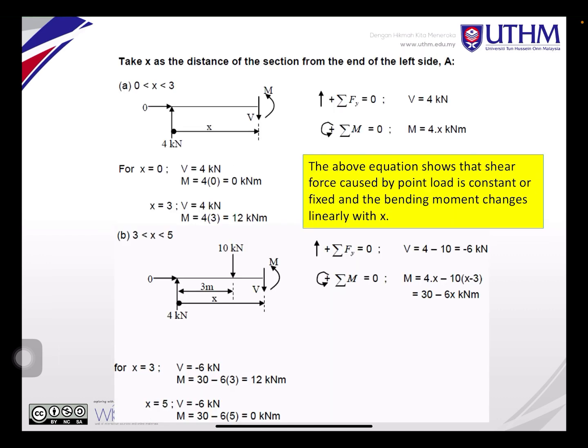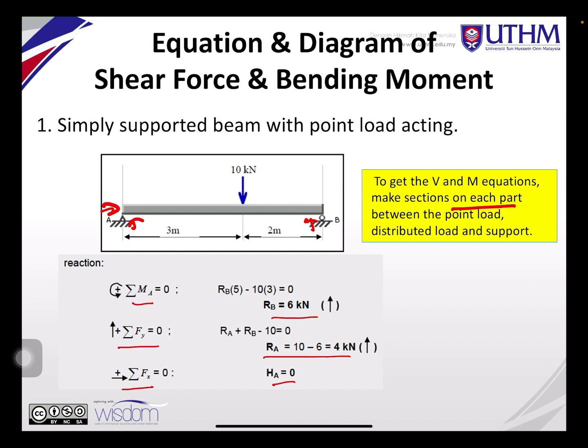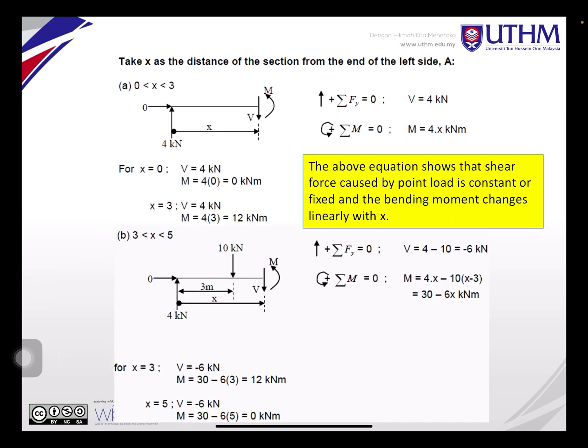Okay, so when you plot this, A, B, 3, 2. So you get A, B, this is 10 kilonewton, 3 meter, 2 meter. So this is 4 kilonewton, this is 6 kilonewton.